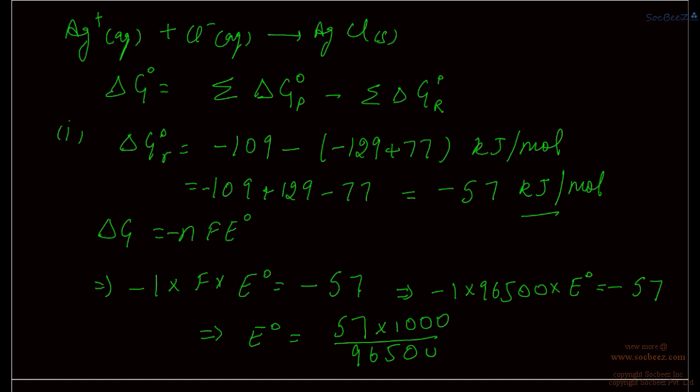Since the unit is kilojoule per mole, we convert it into joule, so E naught equals 57 into 1000 upon 96500, which comes out to be 0.59 volts. Okay, so the value of E naught has also been solved.